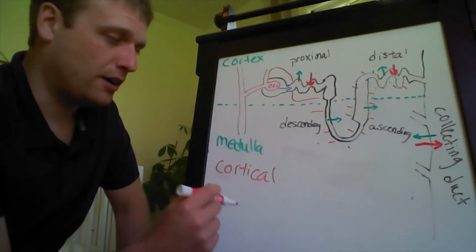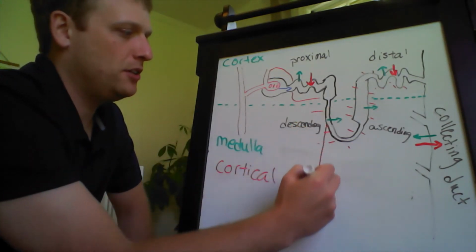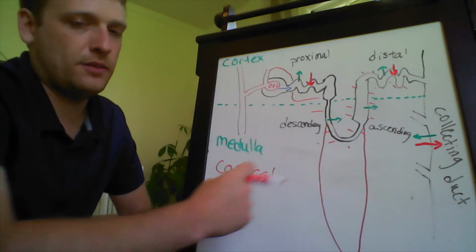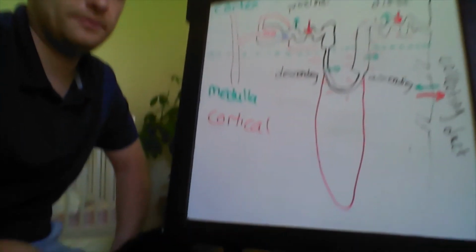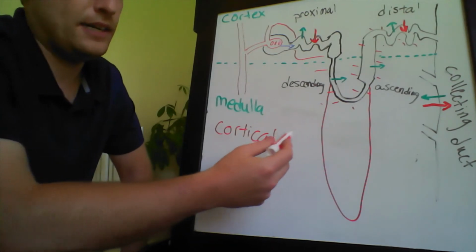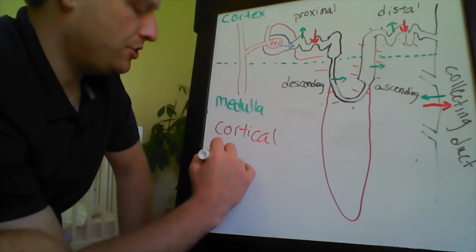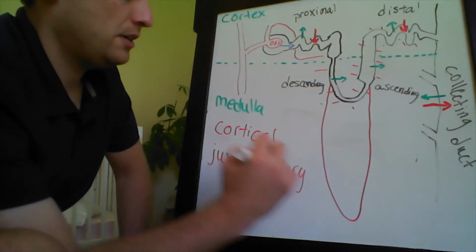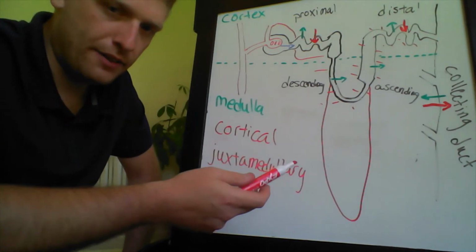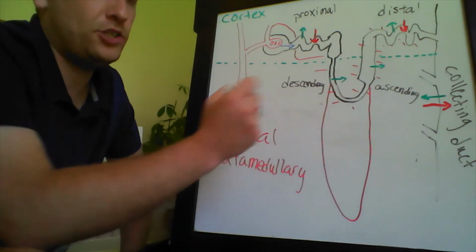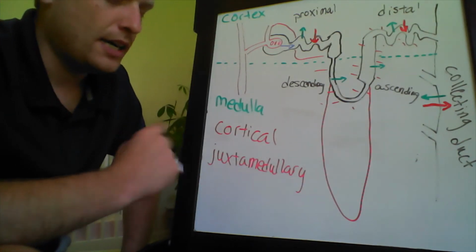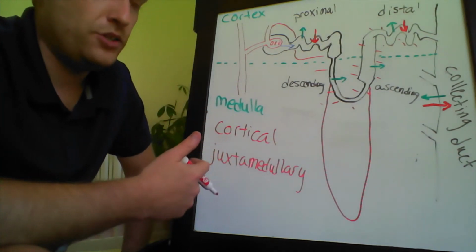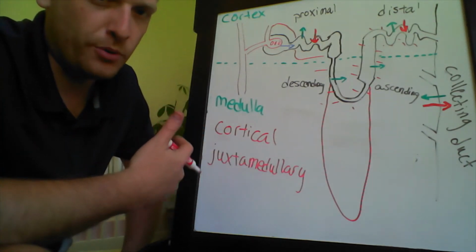The other type of nephron that you'll find has a much longer loop of Henle. So this is just my basic drawing of a long loop of Henle. But you can see that in this type of nephron, which is called a juxtamedullary nephron, juxtamedullary nephrons are going to project much deeper down into the medulla. And why they do that is because juxtamedullary nephrons are designed to maximize water reabsorption.